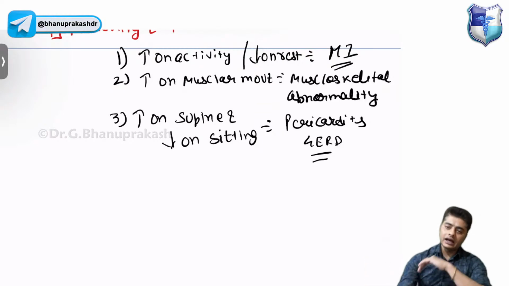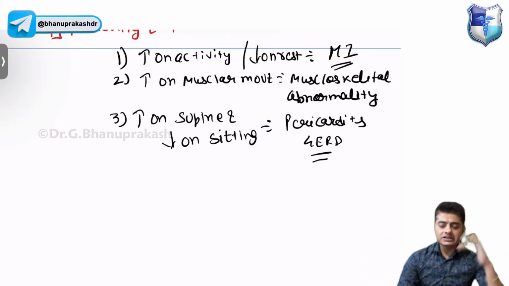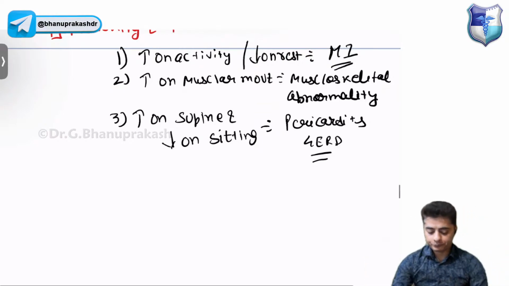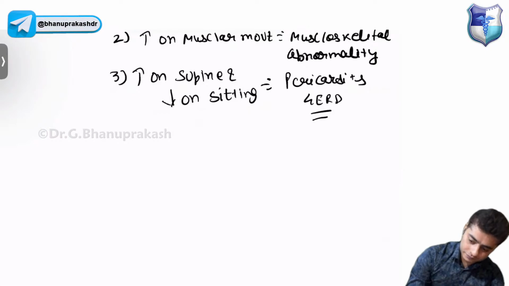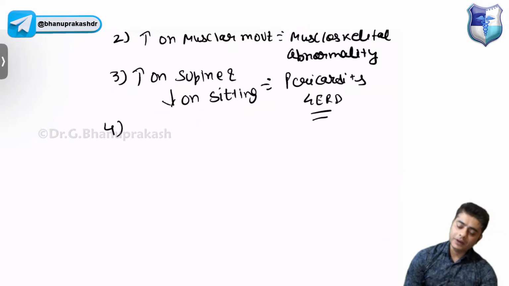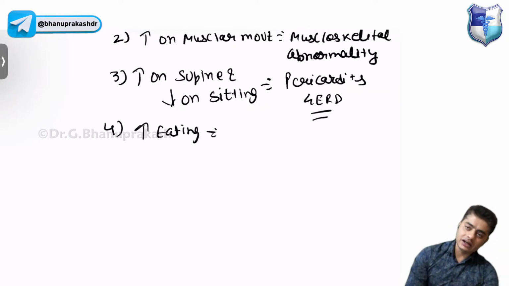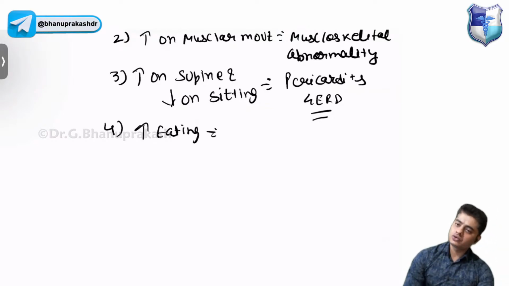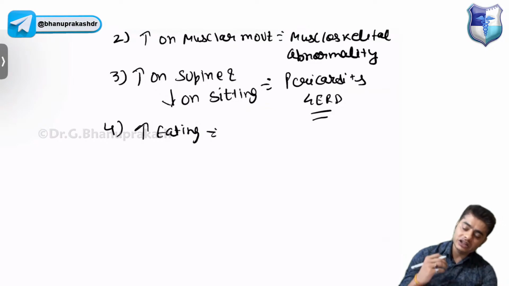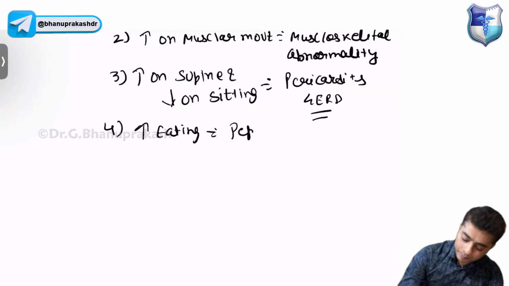Because when you are supine, acid will go above, but when you're sitting, acid will be in the stomach only. Now, this is the pain which increases on eating. Because when you eat, your stomach will produce acid and if a peptic ulcer is already present, it will irritate it. So which pain increases on eating? That is your peptic ulcer disease.